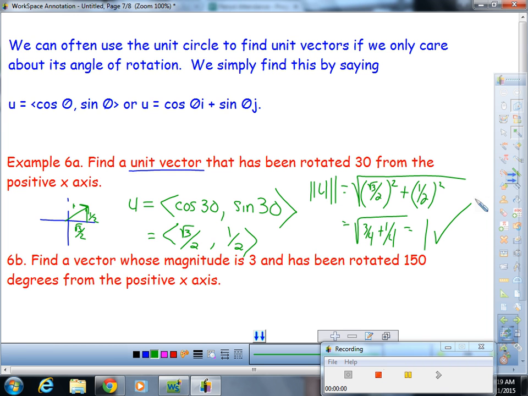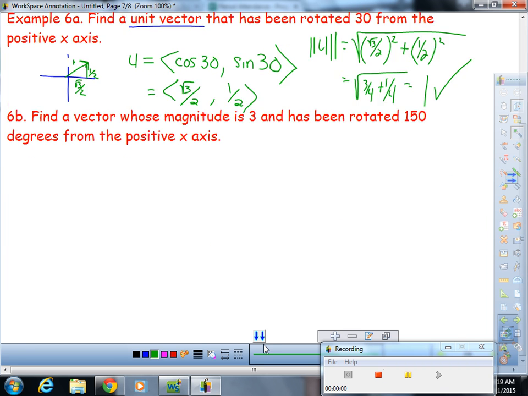All right, find a vector whose magnitude is 3 and that has been rotated 150 degrees from the positive x-axis. To do this, let's find a unit vector first. So we're going to use our reference angle. Sorry, this should be 150. If you remember, this is how I would do this if I was a pre-calc teacher.